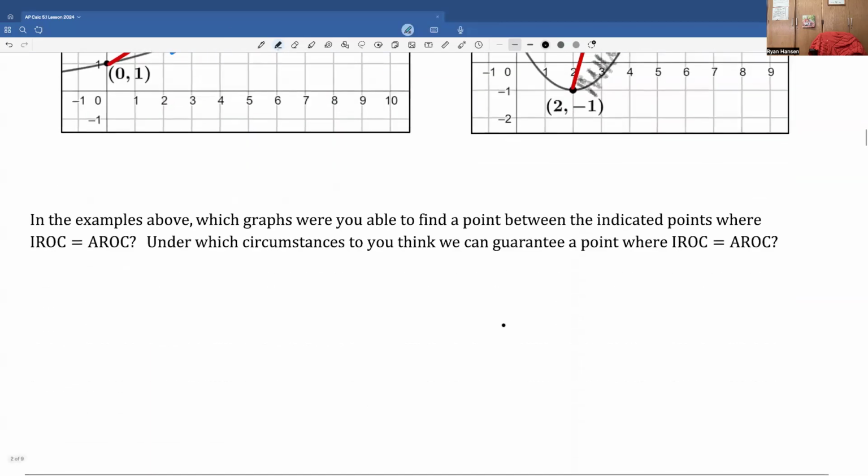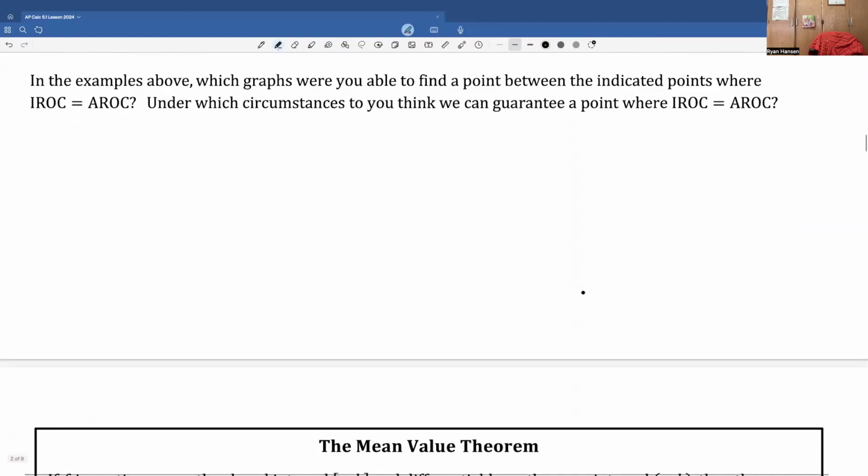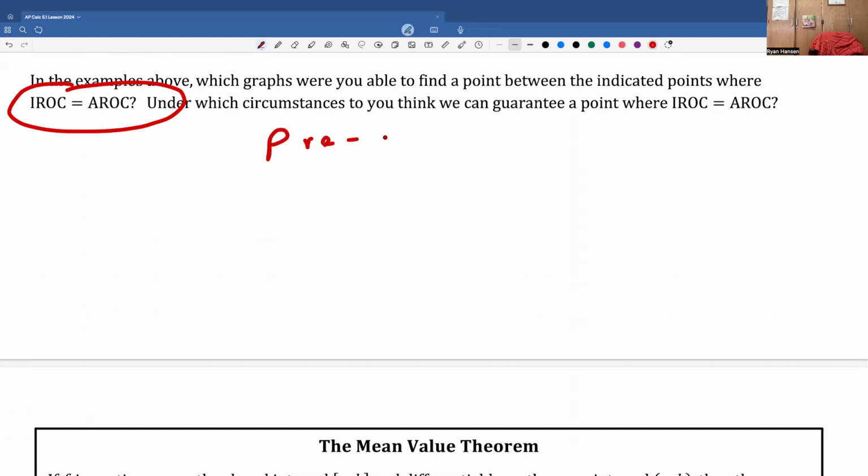Okay, so if you're kind of picking up what we're putting down, what seem to be the prerequisites to invoke this mean value theorem, where you're trying to show the instantaneous rate of change equals the average rate of change? So I would say, what are the prerequisites? Prereqs. I don't know how to spell it. The function has to be continuous on the interval and, well, you guys are amazing.